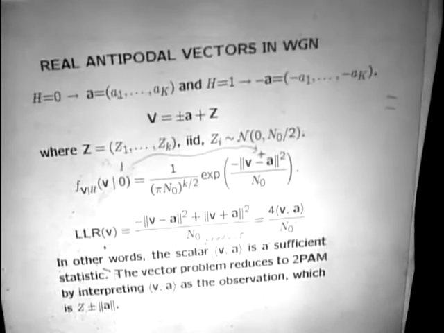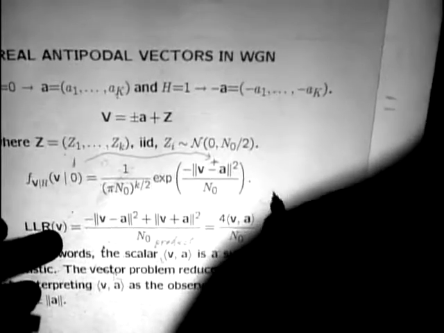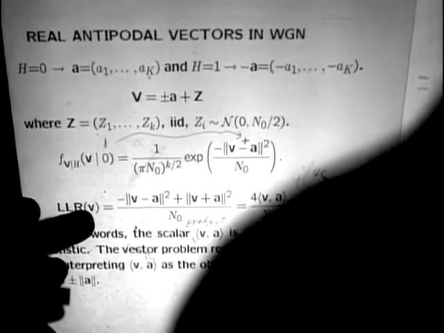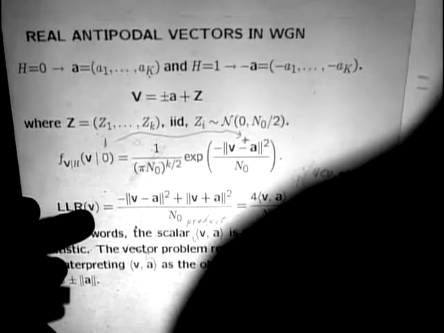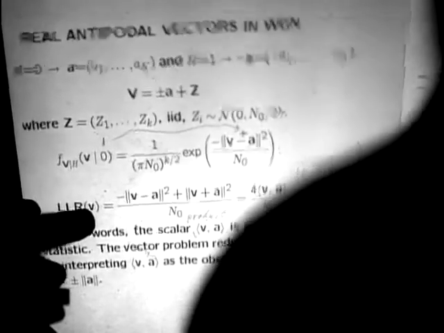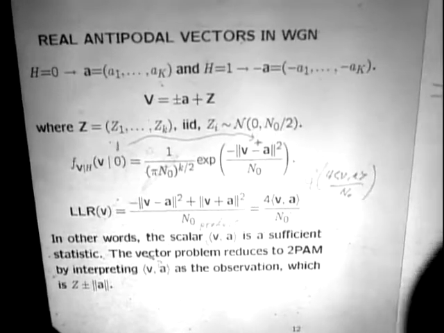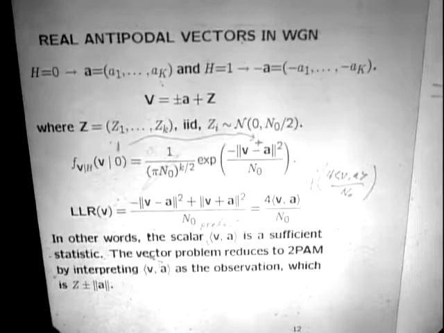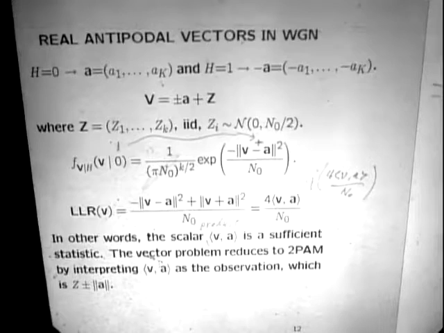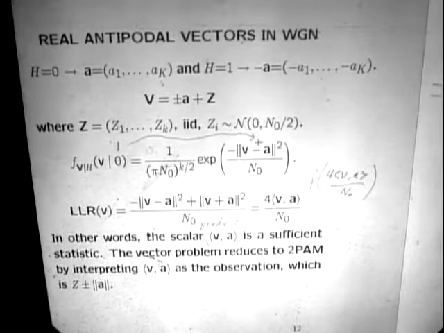So it's Q of the square root of 4 V A divided by N0. Okay? So that's the maximum likelihood error probability. In other words, nothing new has happened here. You just go through the matched filter, and then you do this same one-dimensional problem that we already figured out how to do.